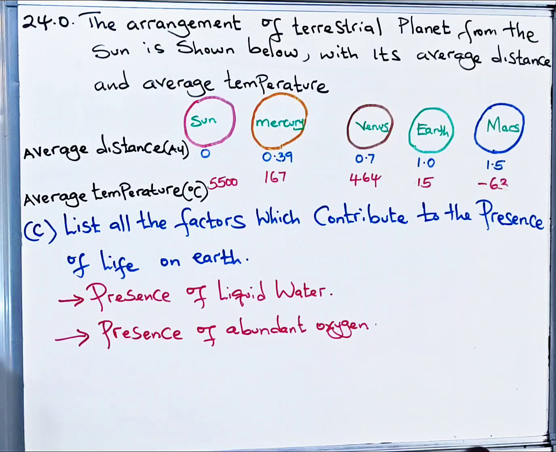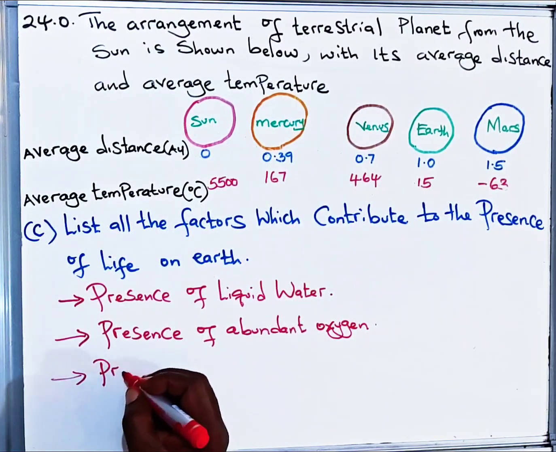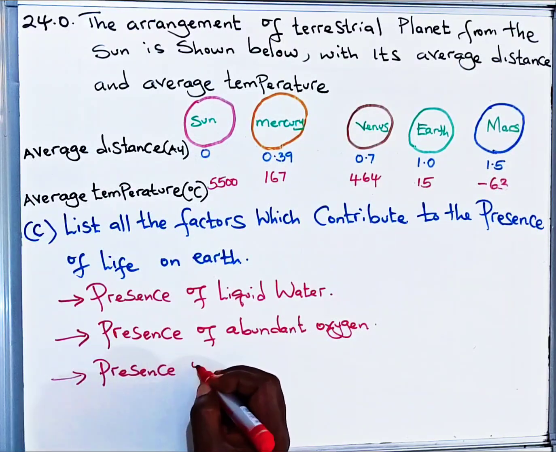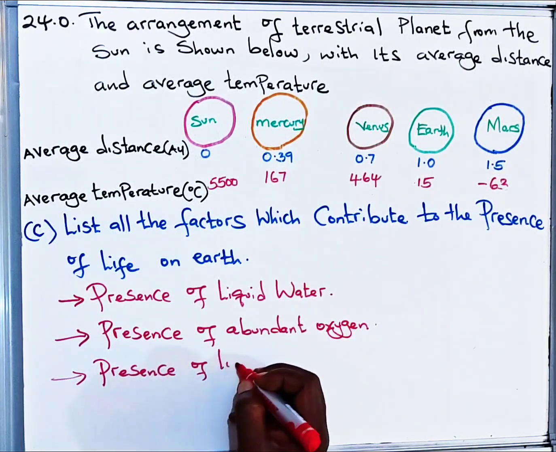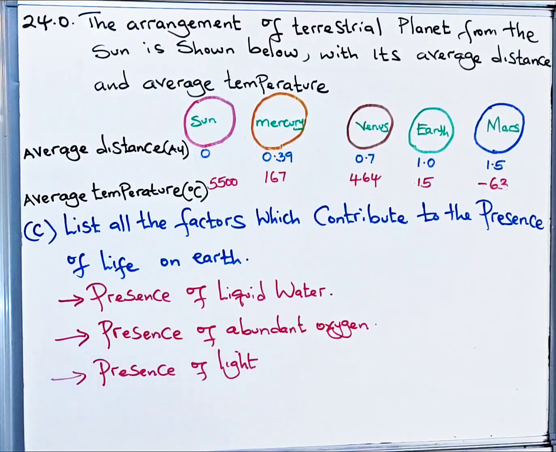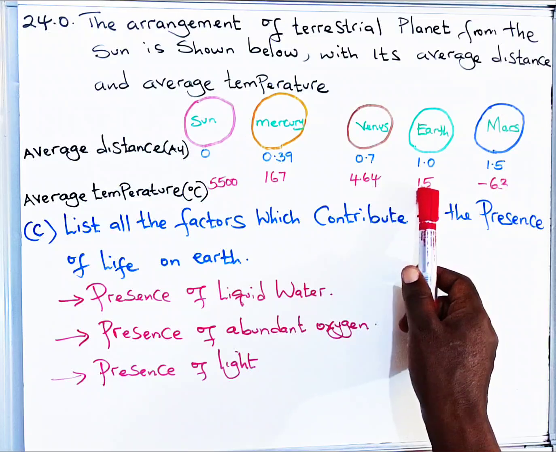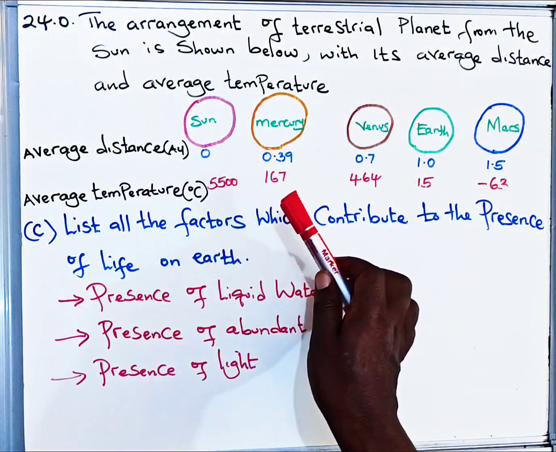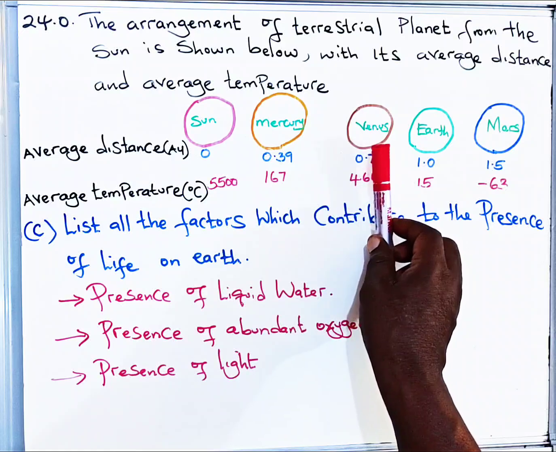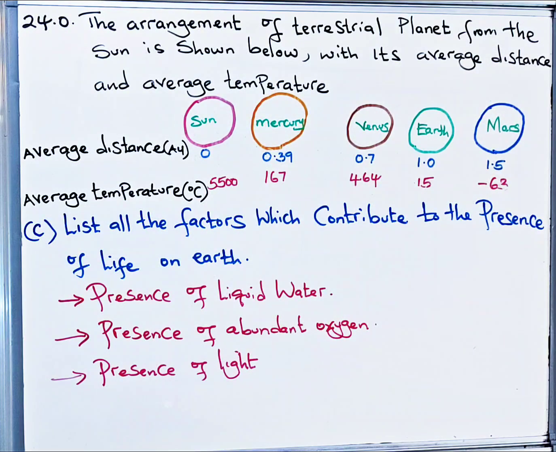The third factor is presence of light. In our solar system, the Earth is the third planet from the Sun, after Mercury and Venus. That implies that Earth gets sufficient light.